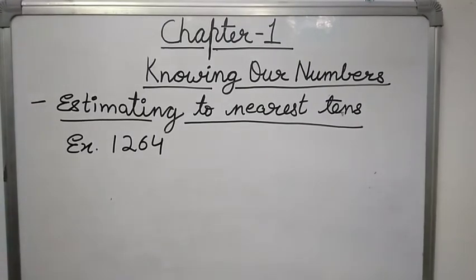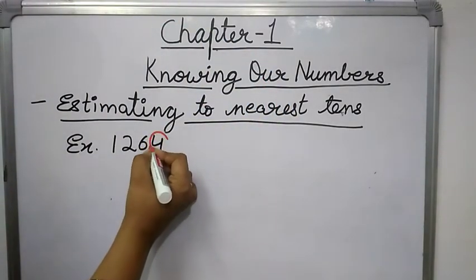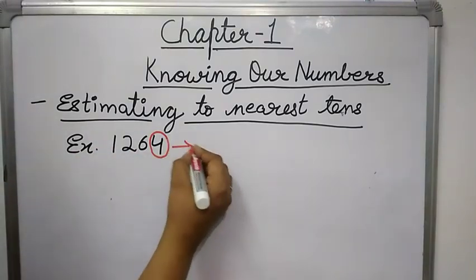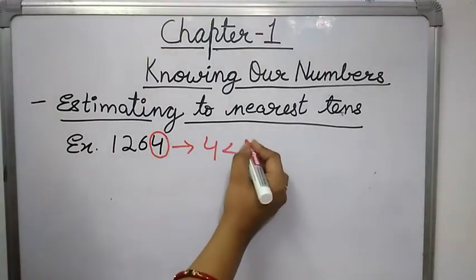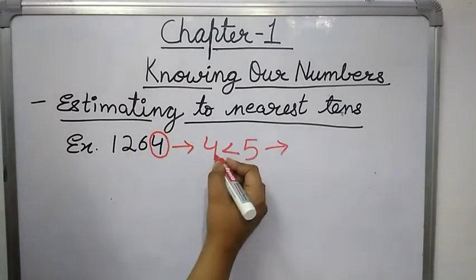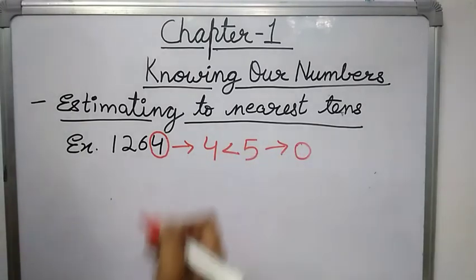We will look for the digit which is at ones place or units place. So this is 4. This 4 is less than 5. So this will be estimated to 0. 4 is near to 0. So 4 will be estimated as 0.